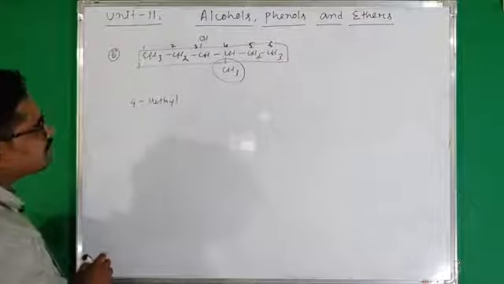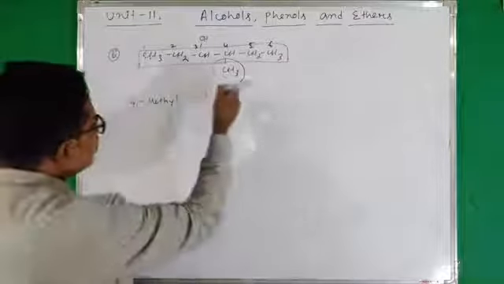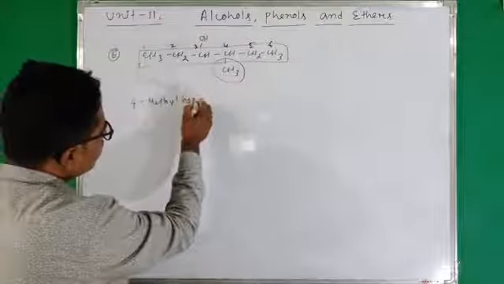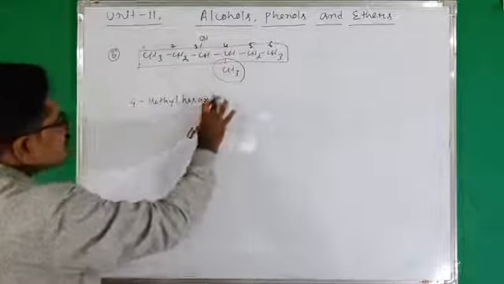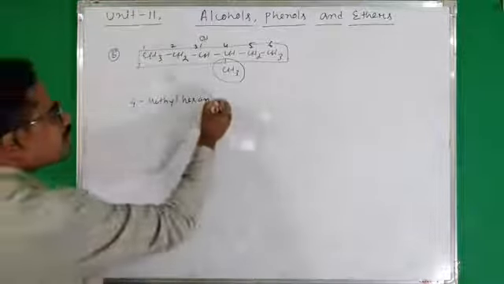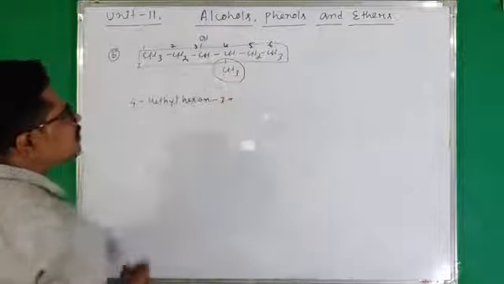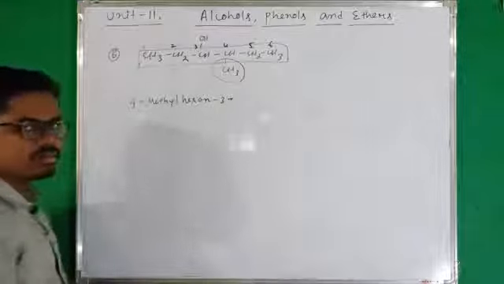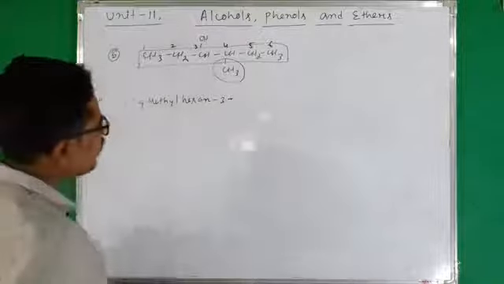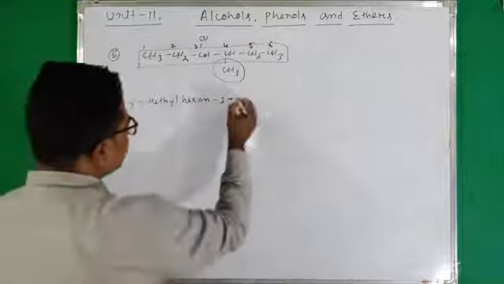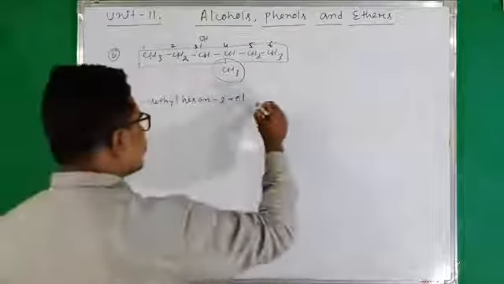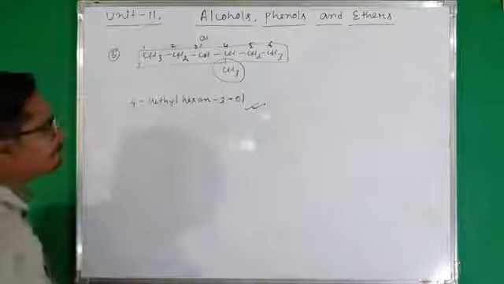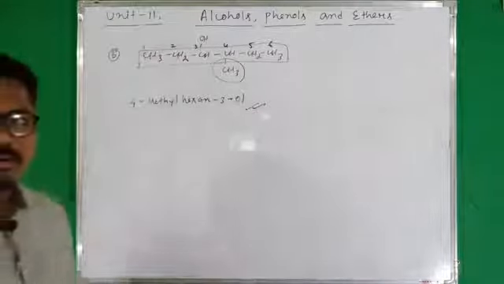After that, the number of carbons is 6, hence the alkane is hexane, but we have to remove the E and then mention the position of OH, which is 3, so hexan-3-ol. So this one is the IUPAC name for this alcohol.